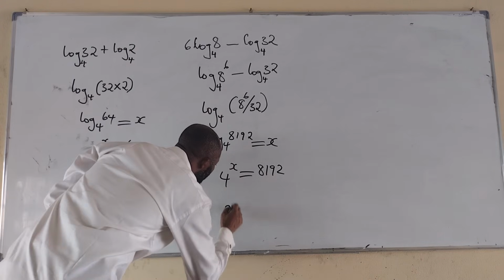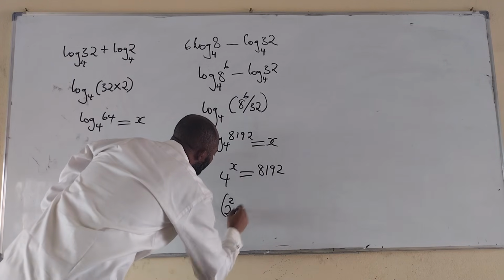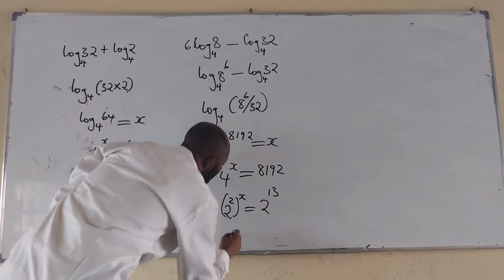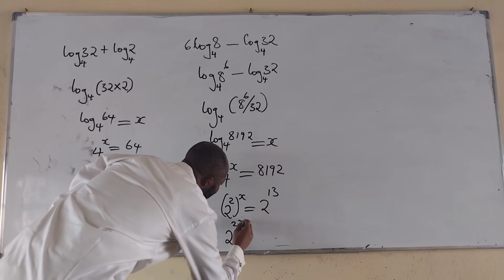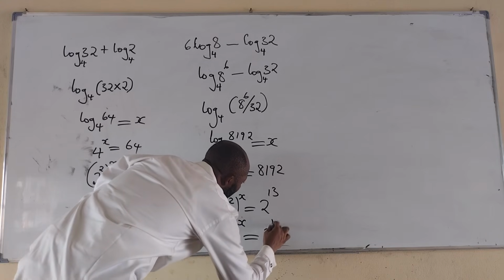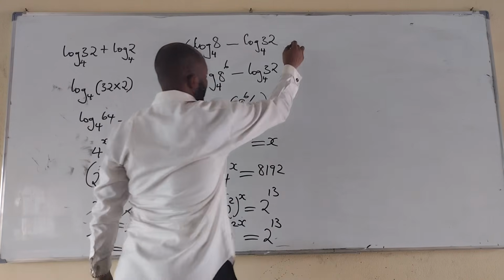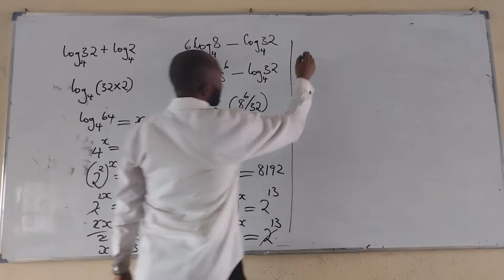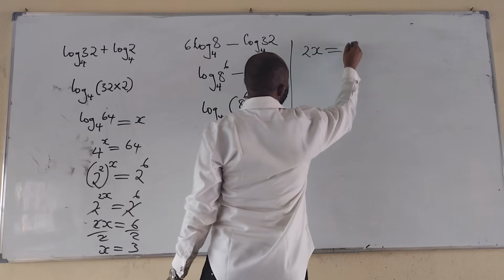So this is 2 raised to the power of 2, open bracket x, is equal to 2 raised to the power of 13. So this is 2 raised to the power 2x is equal to 2 raised to the power of 13. So I cancel out 2. So 2x is equal to 13.